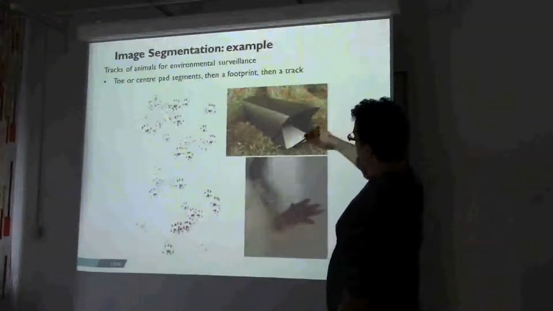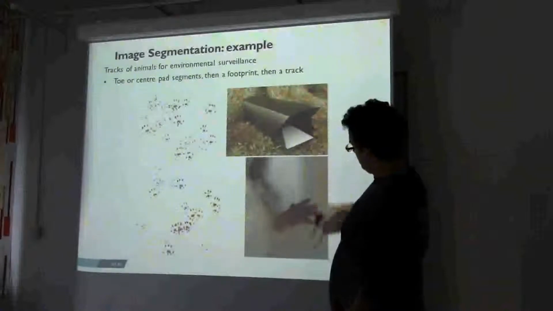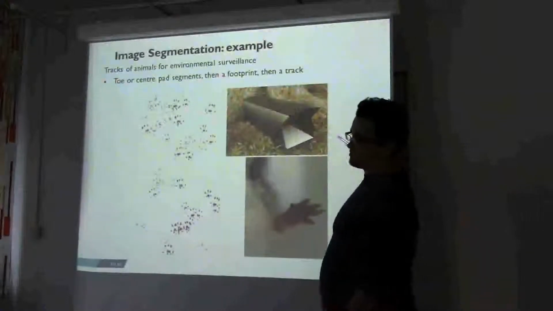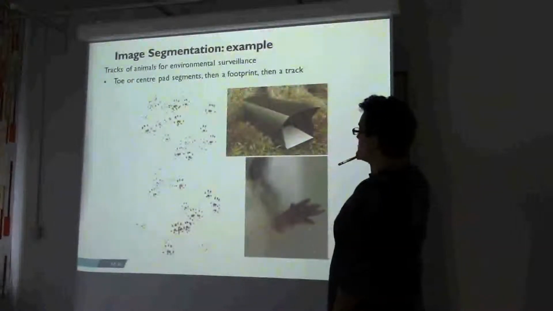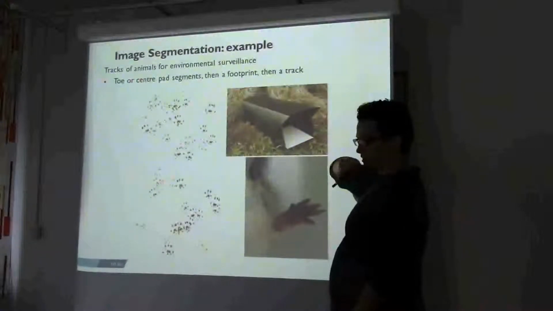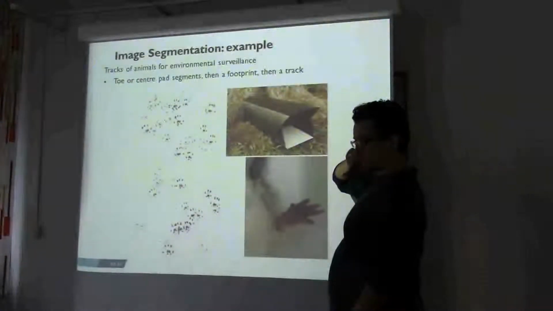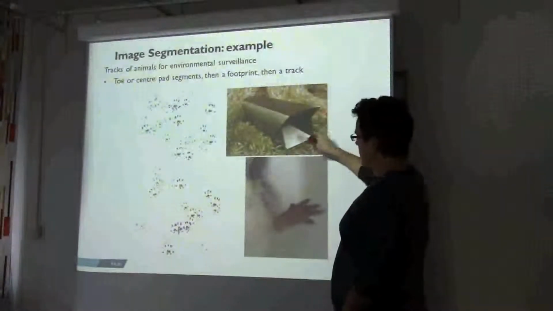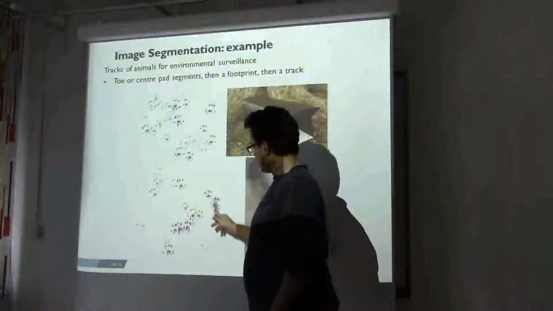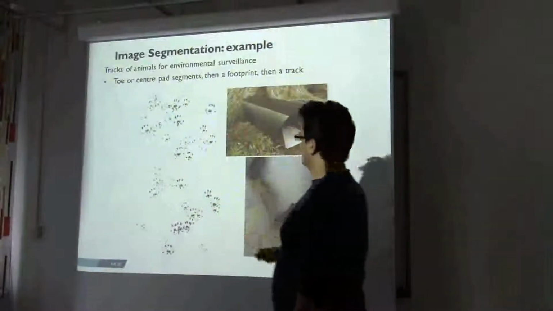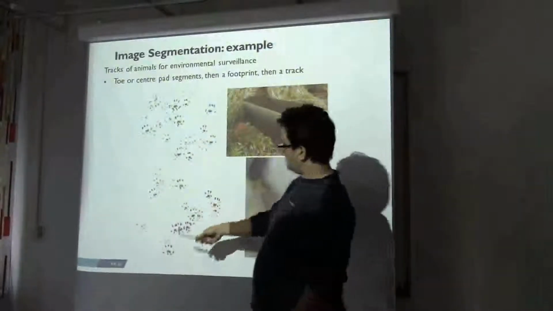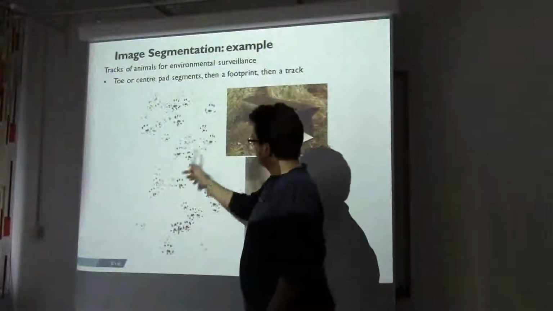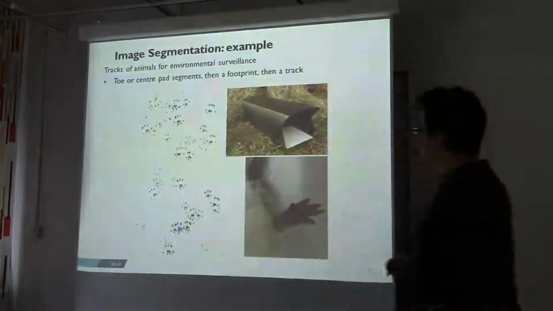We put here a piece of paper where an animal should cross. This is in Australia, I think. The writer of one of the books is not in Australia, it's in New Zealand, and this is an application there in New Zealand. So the toes of the animal get printed here, and after that you can segment, and then you can follow the track of the animal.